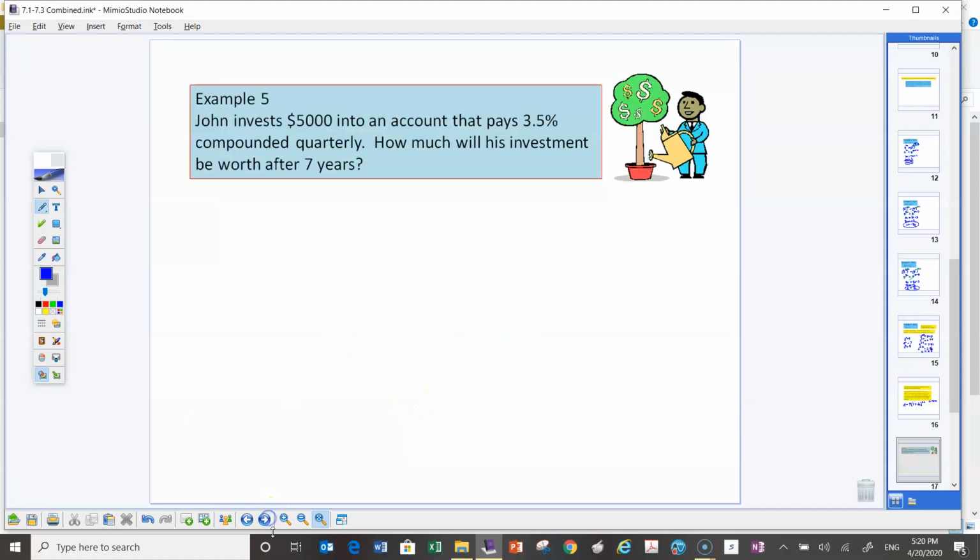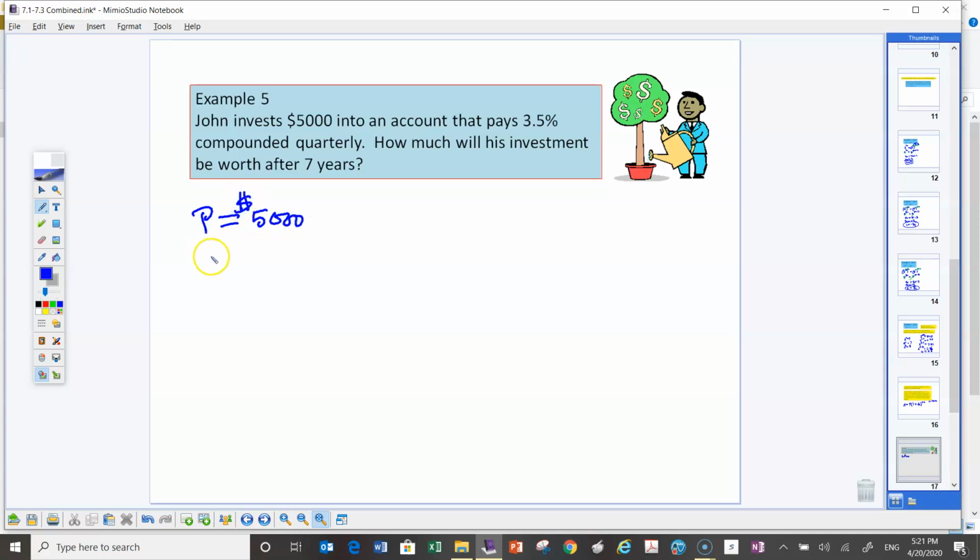It says John invests $5,000 into an account that pays 3.5% compounded quarterly. How much will his investment be worth after 7 years? So if we identify what we have, we know that the principal amount is $5,000.